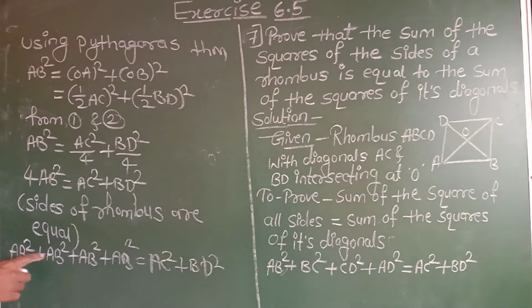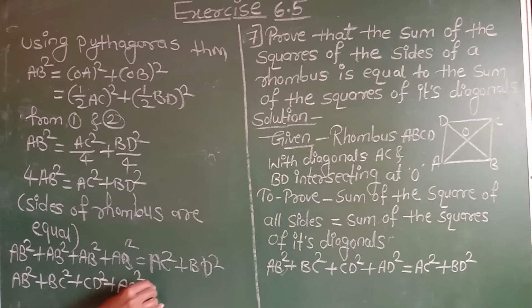Already we wrote that AB square plus BC square plus CD square plus AD square is equal to AC square plus BD square. Hence proved. Next, the eighth one.